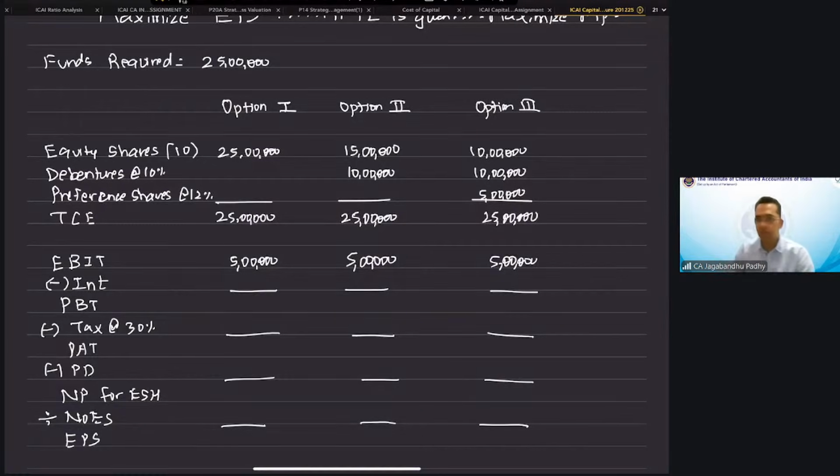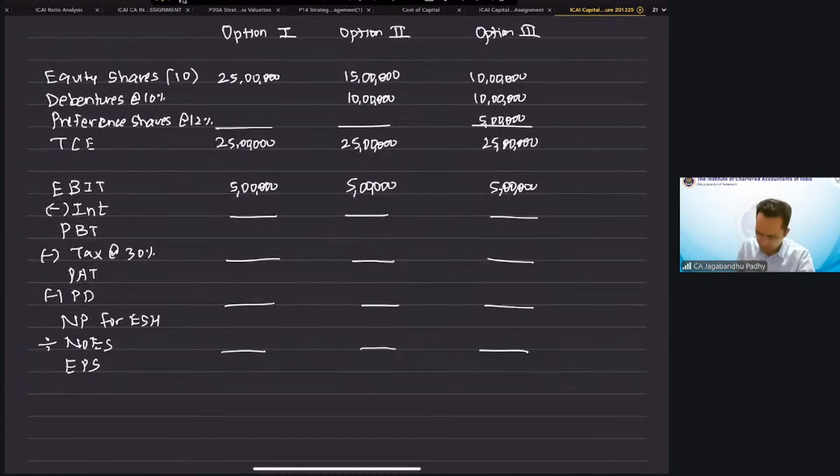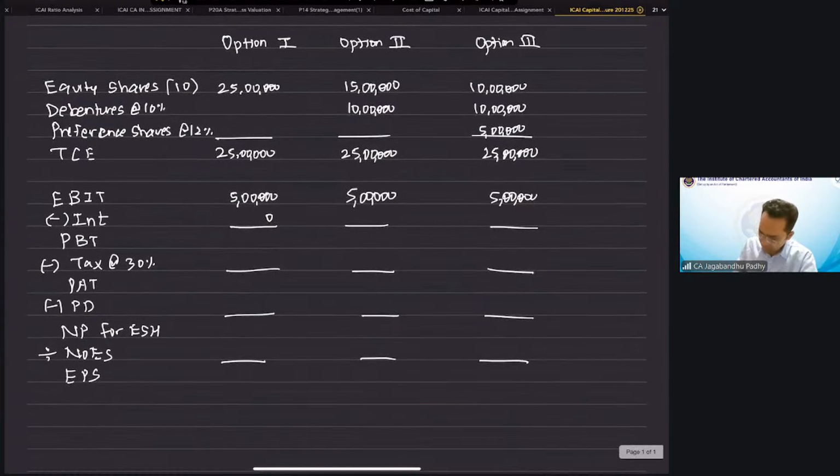Yes, you have to find EPS, earnings per share, correct? So the interest, in first case, it should be 0. In case of second plan, it will be 1 lakh because that's 10 lakh into 10%. And then third case, also it is 1 lakh. Right?